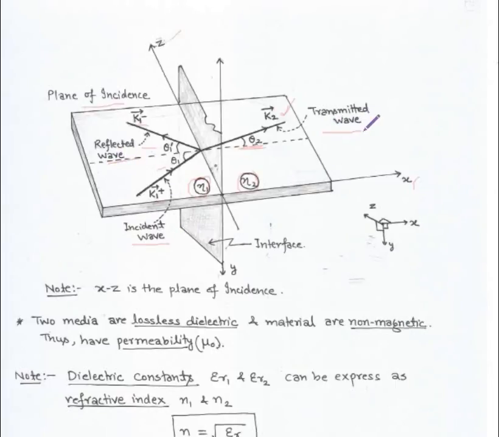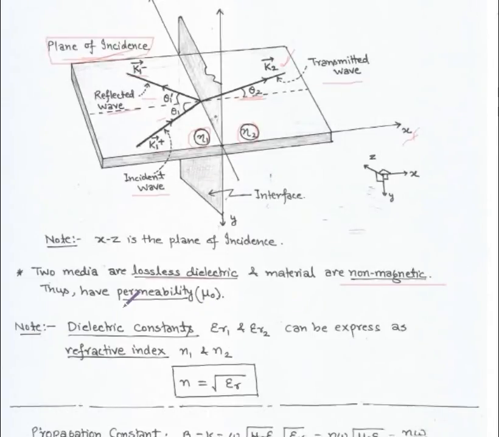All three waves, that is the incident wave, reflected wave and transmitted wave, are on the plane of incidence, that is the xz plane. And here we consider two media, medium 1 and medium 2, that are lossless dielectrics, and the materials are non-magnetic in nature, having permeability mu naught.